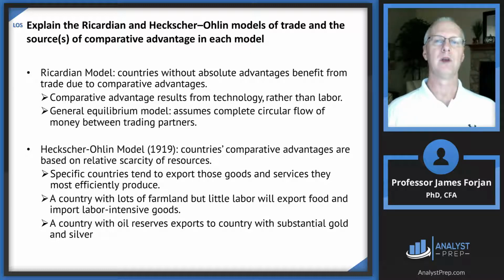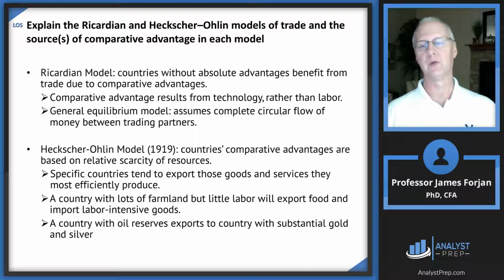And so even though the model focuses on labor as the input, the comparative advantage is going to result from technology. And this circular flow of money between and even among trading partners guarantees that there will be an efficient flow of that capital from the country without the comparative advantage to the country with the comparative advantage.